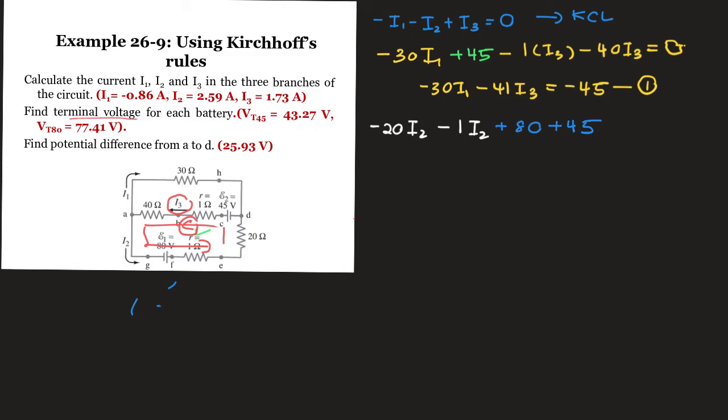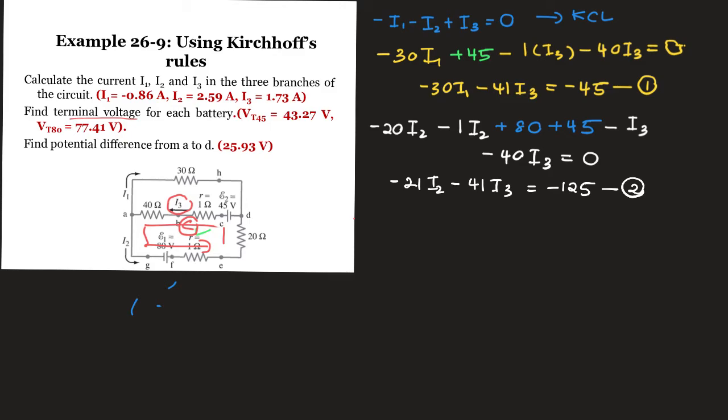So here I'm going to put negative 1 times I3, and minus 40 I3 equals to 0. Simplify everything. Therefore, your equation is negative 21 I2 minus 41 I3 equals to negative 125. So this is going to be your second equation.